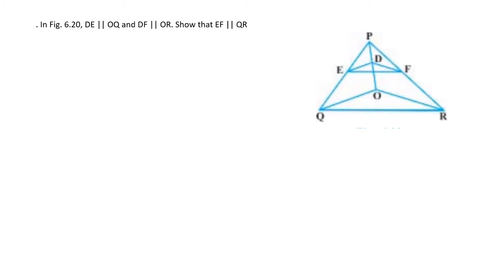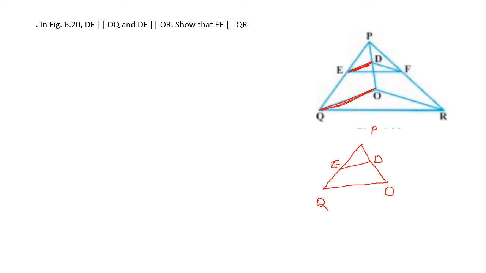Here, DE is parallel to OQ. DE is given. DE is parallel to OQ. Now we'll take the triangle where these two are parallel. Which is the triangle we are getting? I'll just draw it here. I'm getting the triangle P, O and Q. And DE is parallel to OQ.